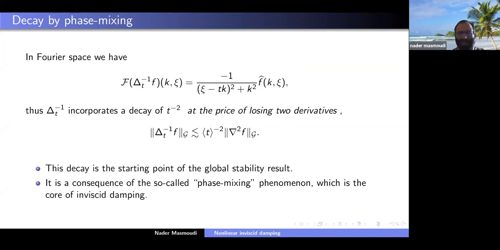That's how we see it on the Fourier side. Of course, the slight drawback of this is that you have to lose derivatives if you want to prove this in a uniform way. And this kind of loss of derivative is what is behind the requirement of the Gevrey regularity.